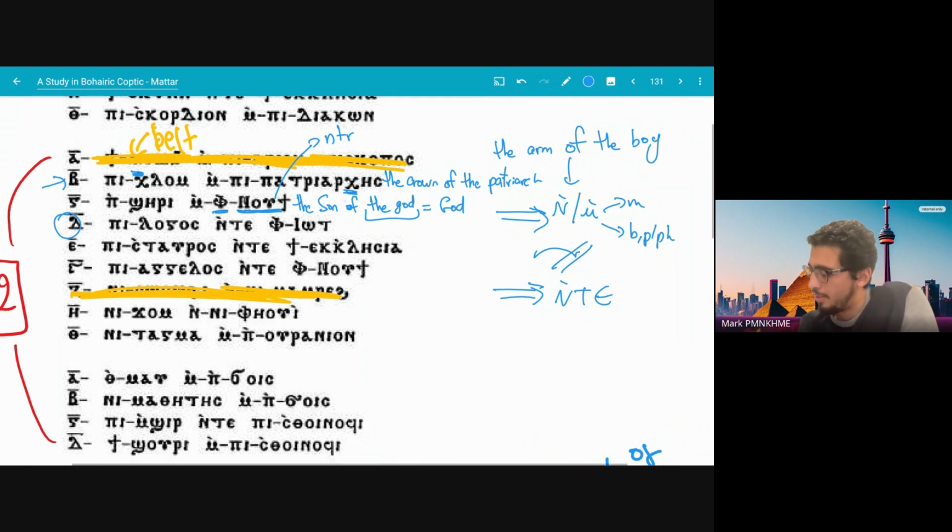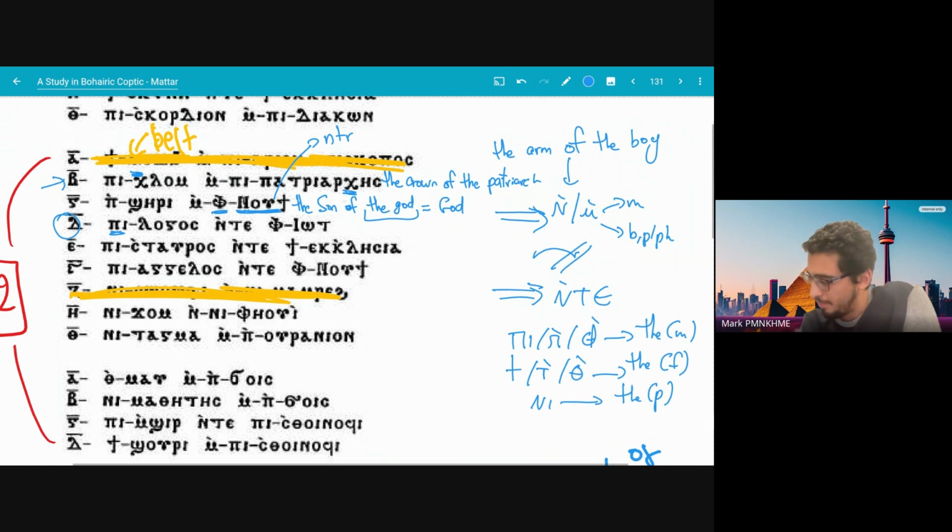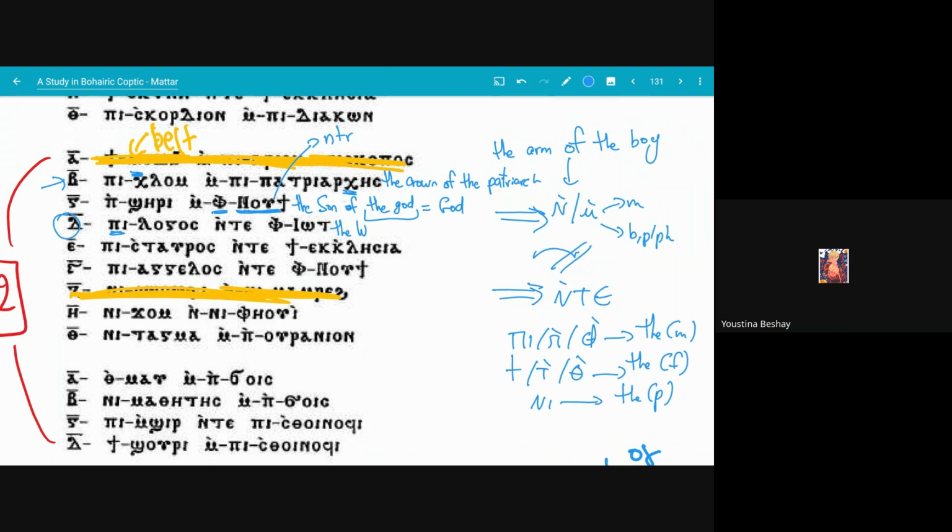So remember, P or ep or F means the masculine. T or et or eth is for feminine, and ni is for plural. I think it's the word... Ente, I think, is of.